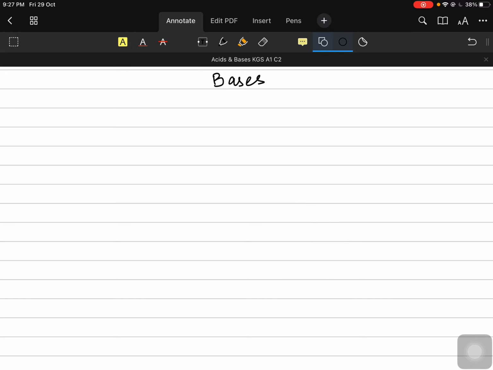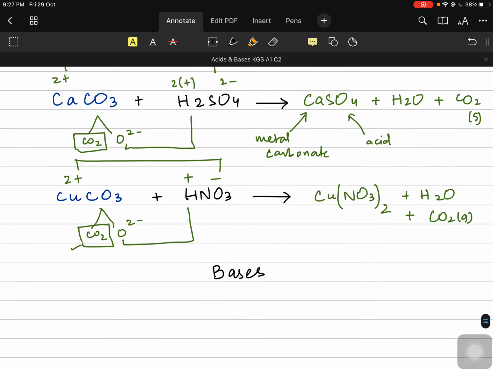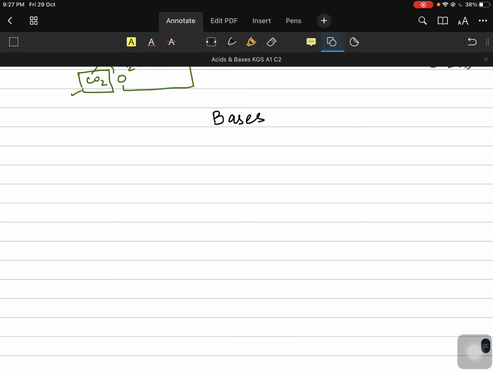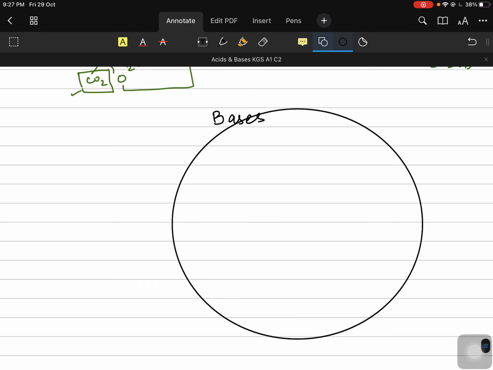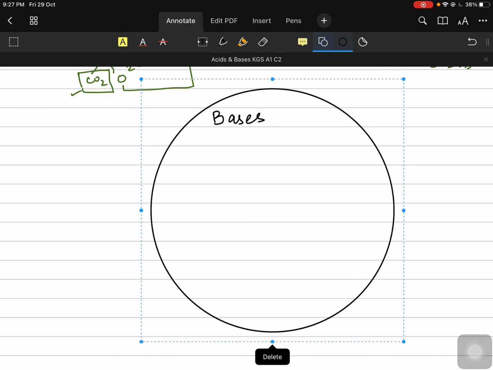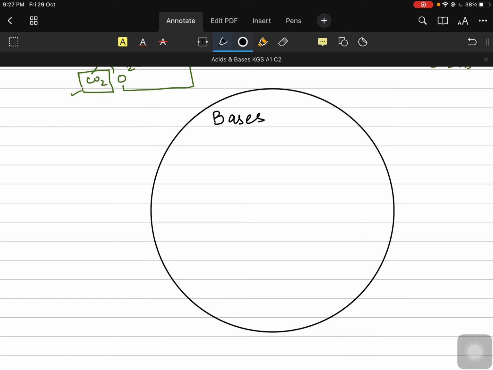When we talk about bases, it's a bigger term over here. Bases are any substance that neutralize an acid.